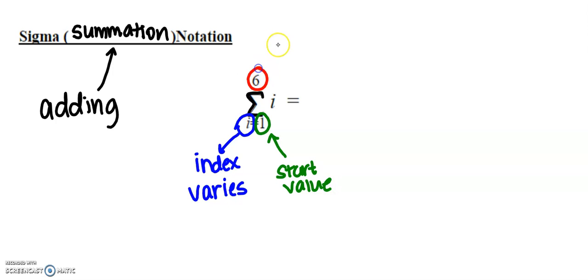This up here is going to be our end value, or our terminal value. This will be when we stop. And then the part on the inside, this is what we would call our expression. So this will be the thing that has the variable in it. This will be what varies. And then in between each one of those things that changes, we will be adding because of the sigma.